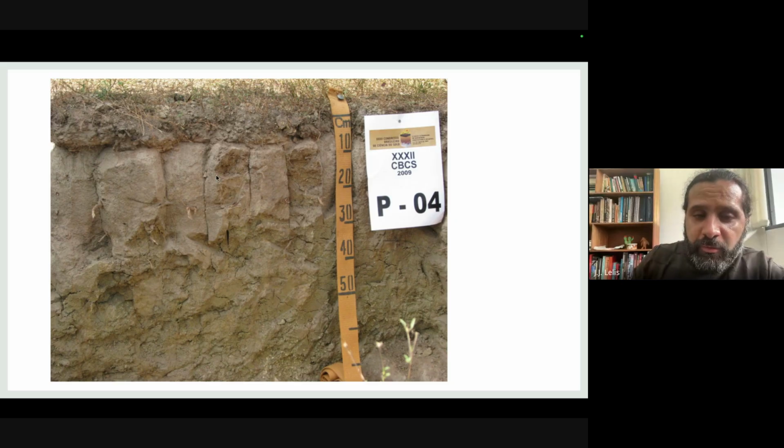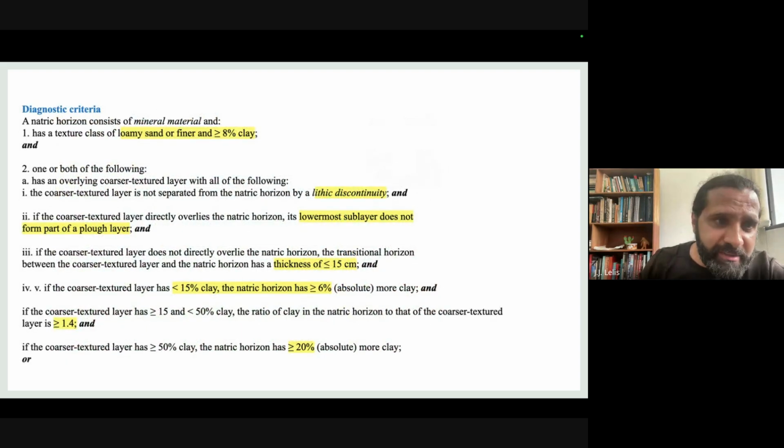You can see that it's quite easy to identify the difference between these overlying horizons and the natric horizon, just because of this very high difference of chemical and physical soil properties, and of course also morphological properties. So let's see the criteria to identify a natric horizon.